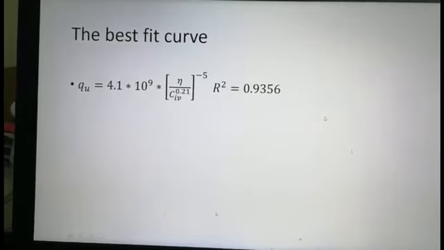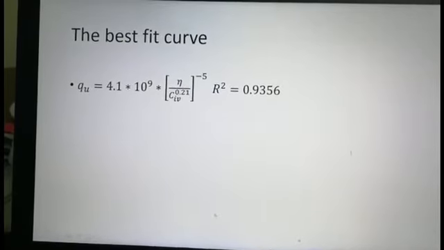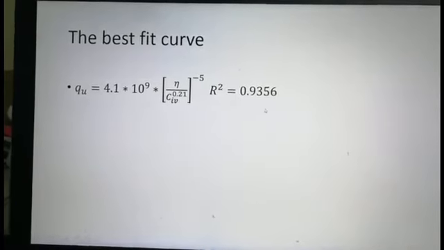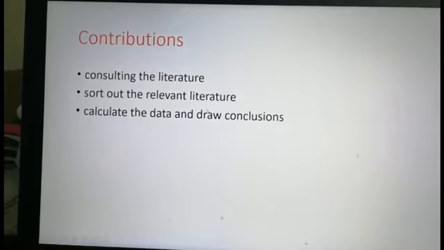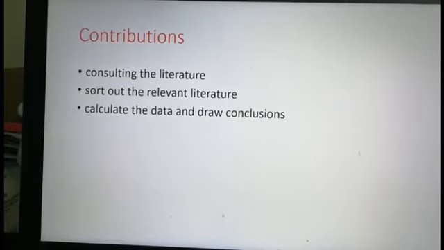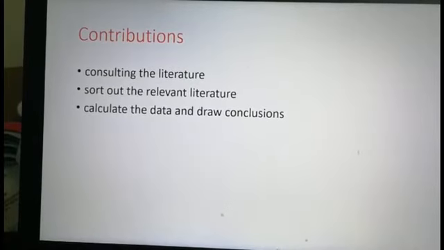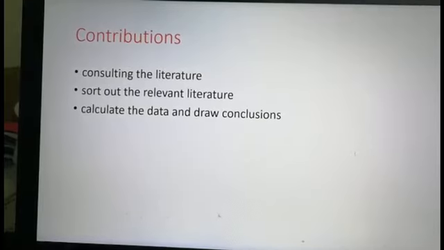According to the Excel sheet, the best fit curve can be found in the equation as follows. Therefore, for the soil mixture with cement, this equation can be used for unconfined compressive strength calculation and prediction.